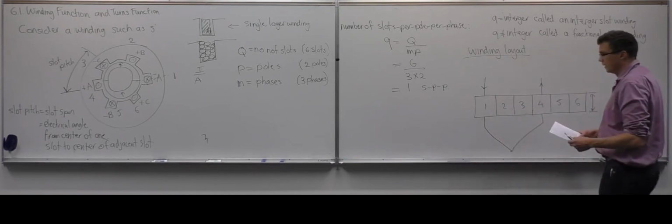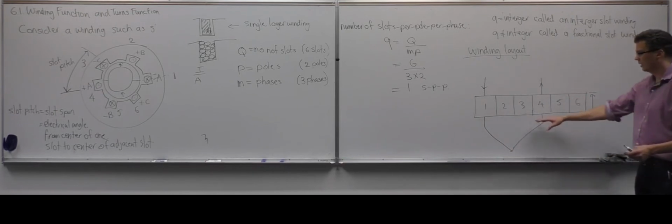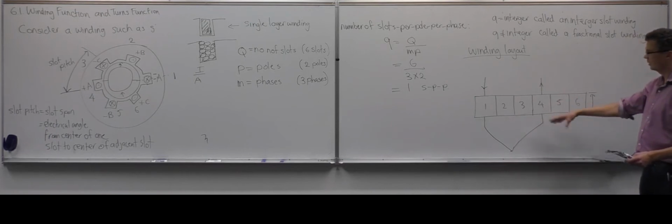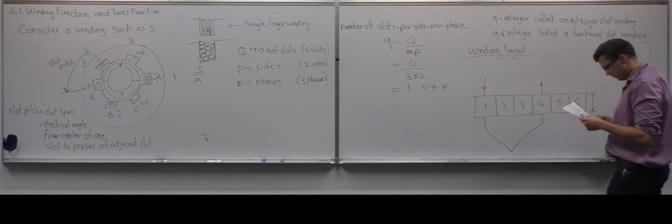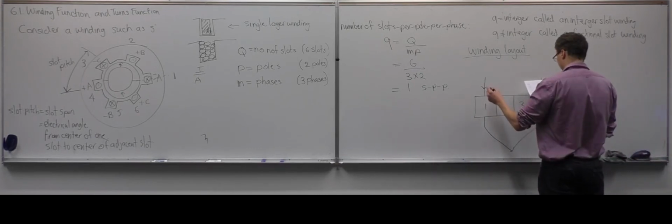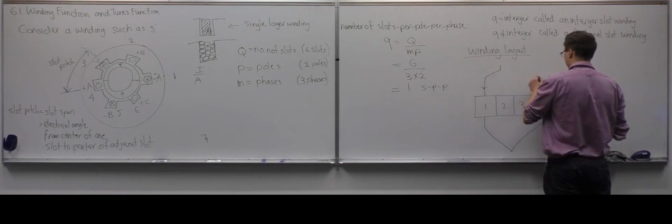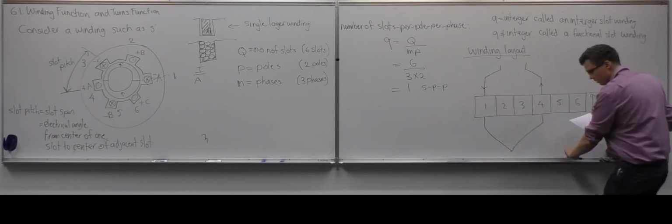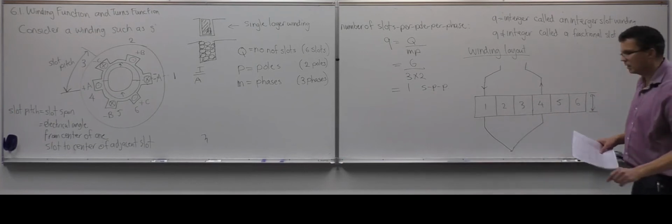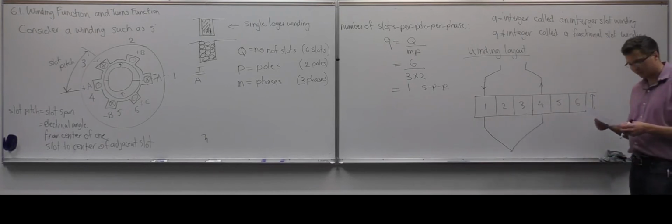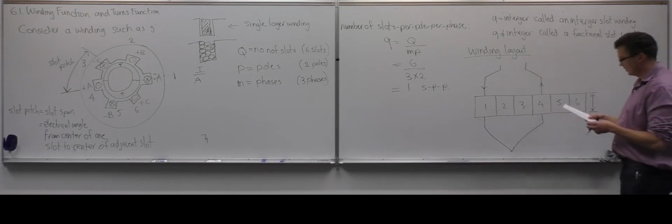Unless the machine was really narrow, the end windings would be a relatively small percentage of the total axial length, but in this case they're exaggerated. So we could draw something like this. That would be A. I thought I had lots of colors, but they're all the same color, just different cap colors, so I can't use a different color.